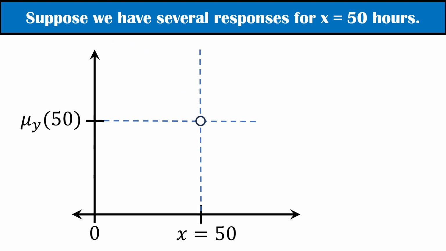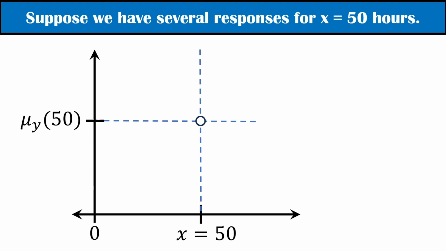What's the symbol for that population mean response? We use mu, because mu is a symbol for population mean. We put a little y in the bottom corner to remind ourselves that this is a mean response in a regression scenario. And then in brackets there you see the 50. That just indicates what the value for x is. So this round circle here represents the population mean response for participants who spend 50 hours watching chess videos. That mean response, of course, is the change in their chess playing strength or chess rating after those 50 hours of watching videos.